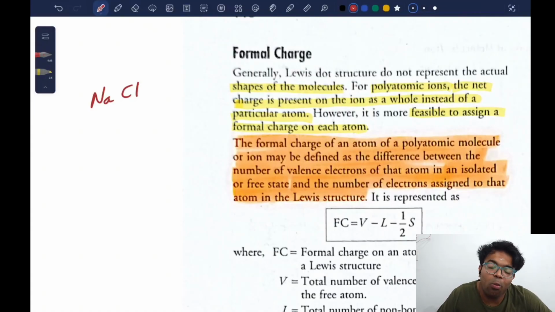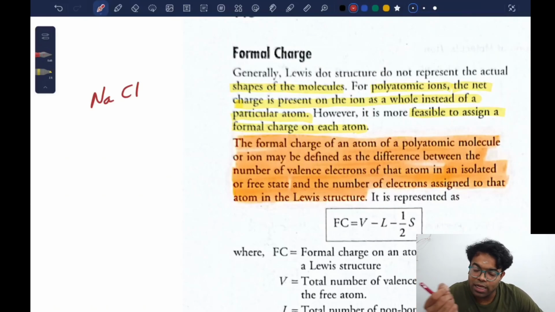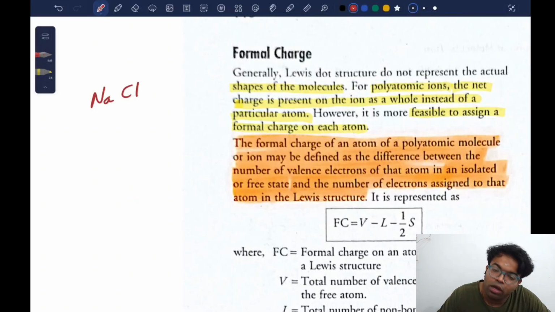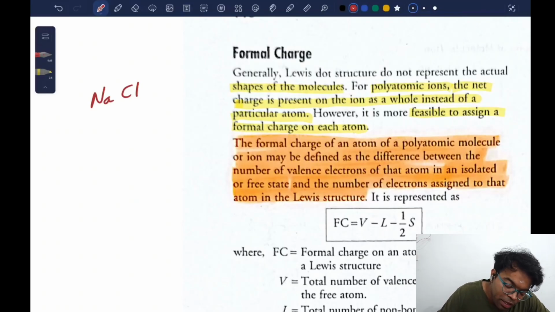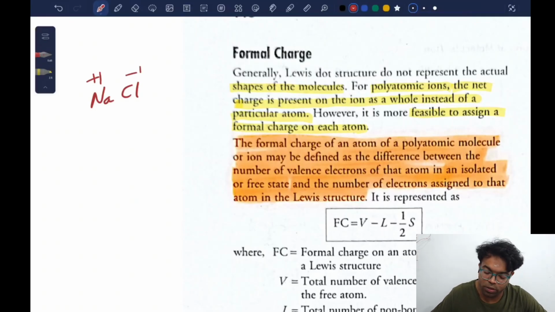When we draw the structure of sodium chloride, sodium is losing one electron to chlorine to form an ionic bond, via the transfer of one electron from sodium to chlorine. Because of this, sodium gets a plus one charge, and chlorine gets a minus one charge.